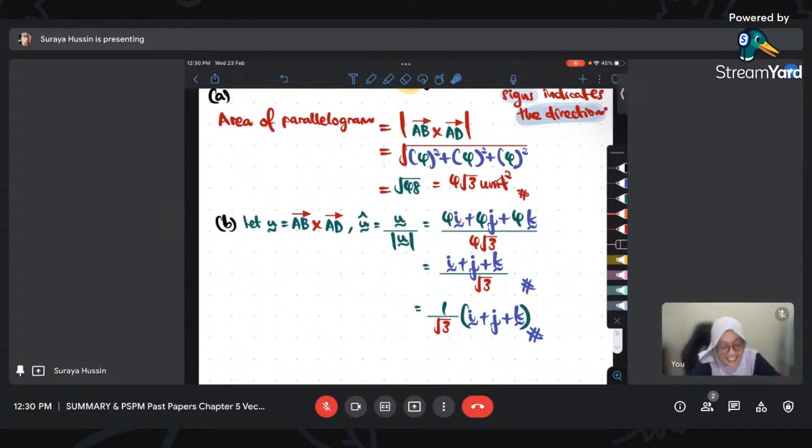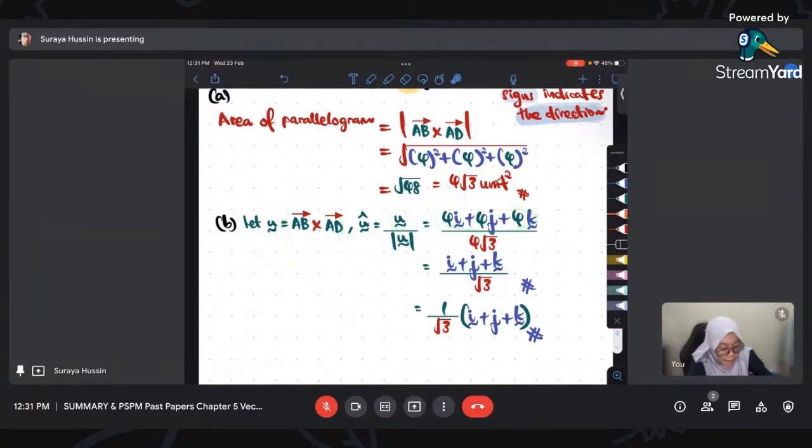Interesting. Okay. Now, sekarang ni dia nak cari unit vector pula. So unit vector macam tadi saya buat, saya namakan dia huruf baru, dan huruf baru ini adalah huruf U. So yeah, I already have the vector.